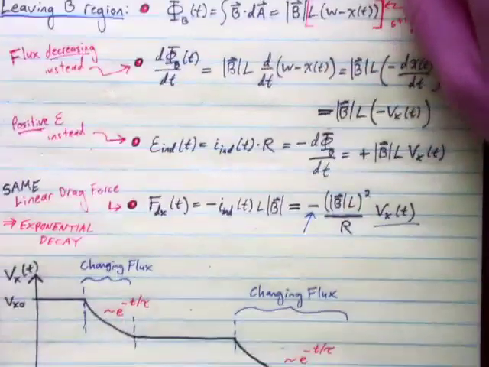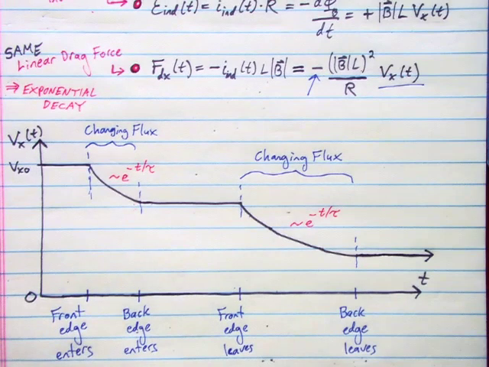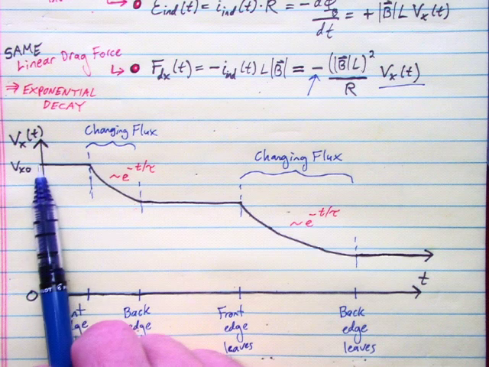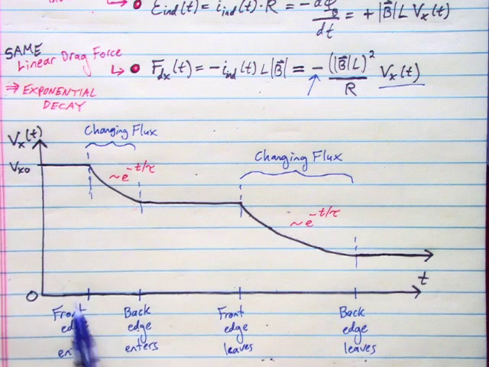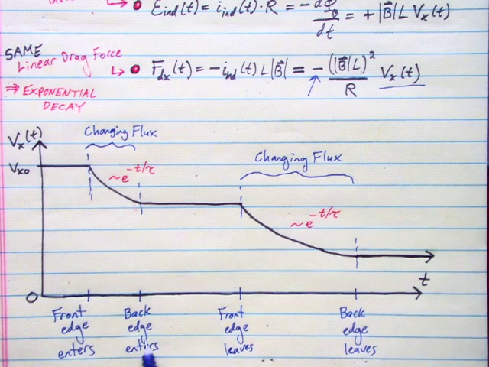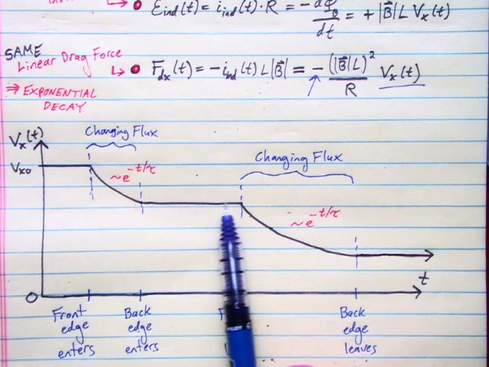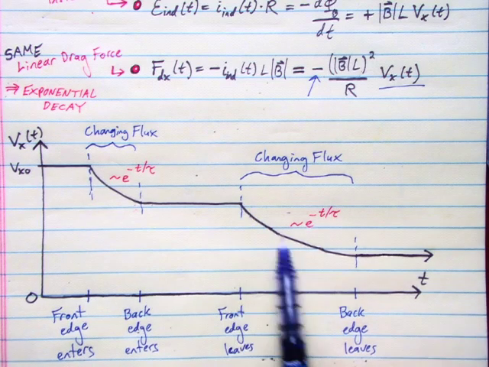And if we made a graph of the velocity versus time for our loop, here's our loop drifting at some initial constant velocity before it enters the region. When the front edge enters, then we have that changing flux and an exponential decay. Once the back edge enters and our loop is fully inside, we drift at a constant velocity across. Then as the front edge begins to leave, we get an exponential decay once again from our changing flux.